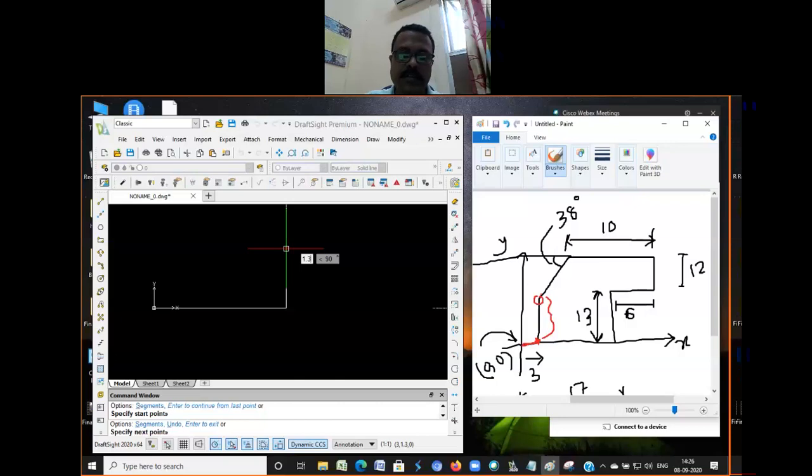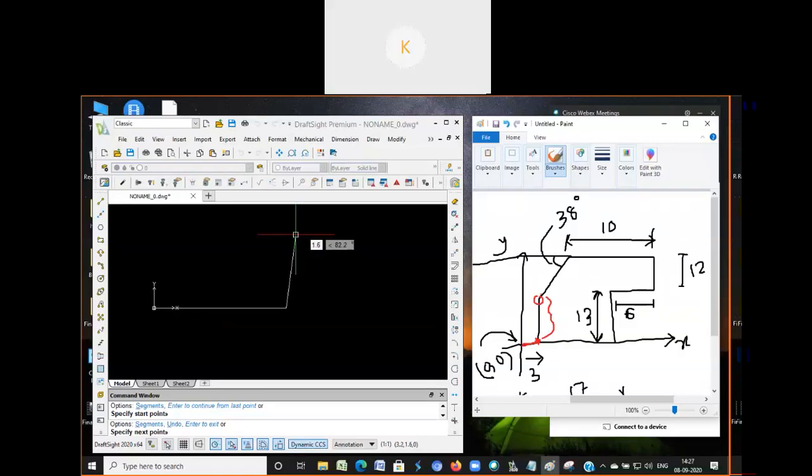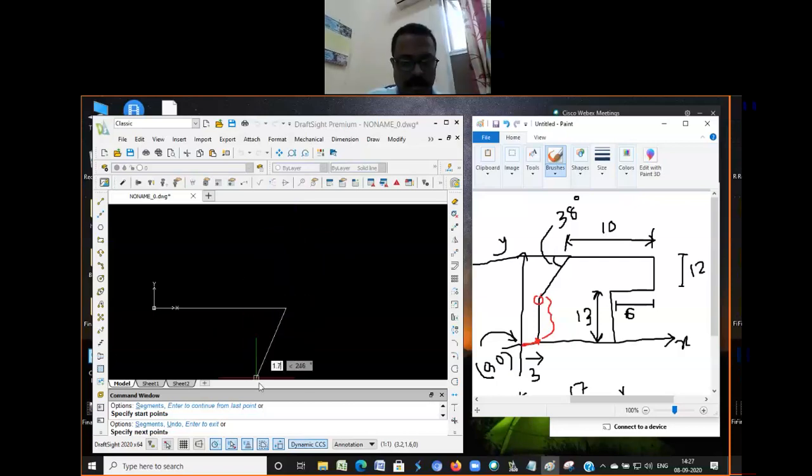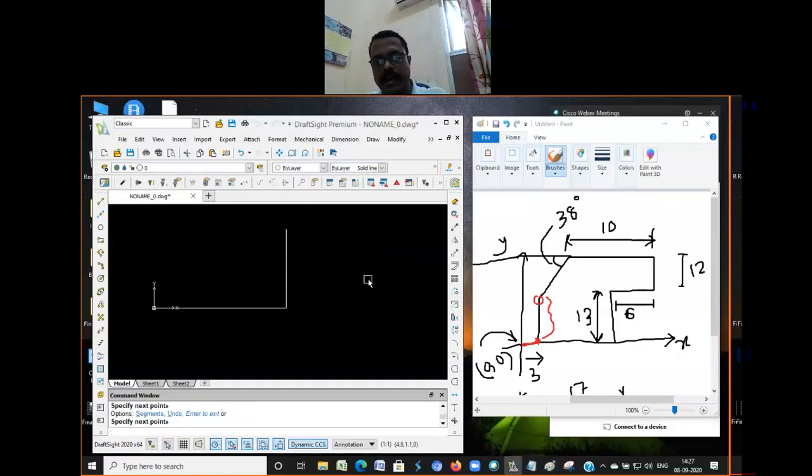In order to draw a line at 90 degree, I should keep my ortho on. For ortho, the command is F8. So you press F8 and then just arbitrarily draw a line.